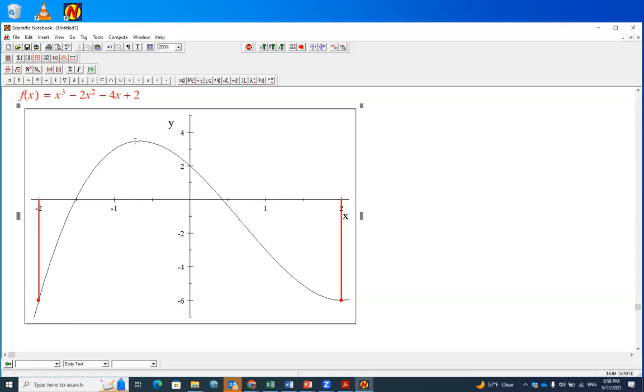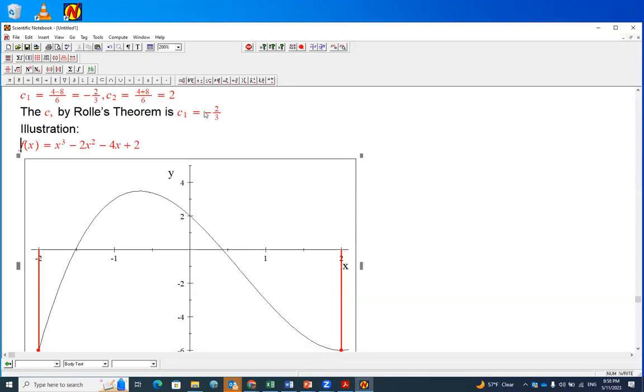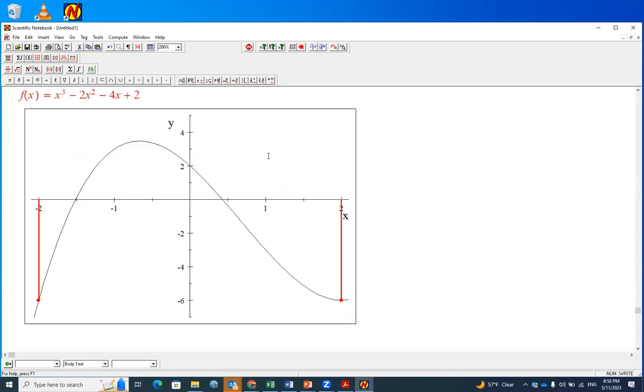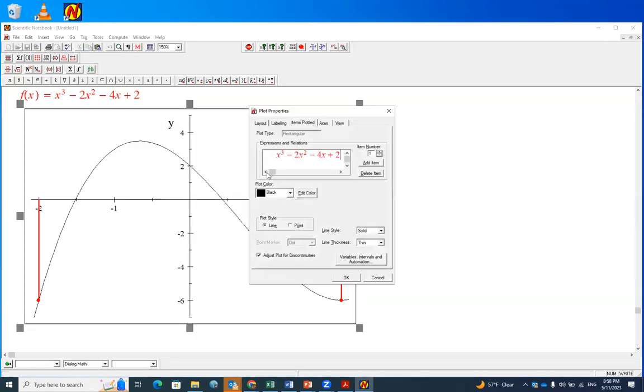So, and the point C is -2/3. Okay, so what is the function's value? Right? So that point C is in between. Let me use a purple color.